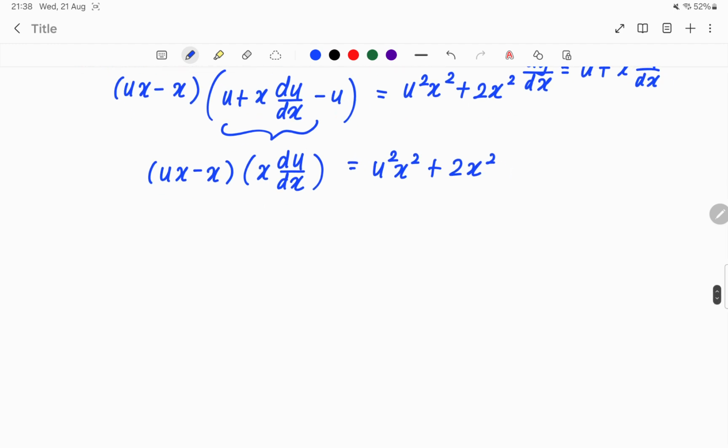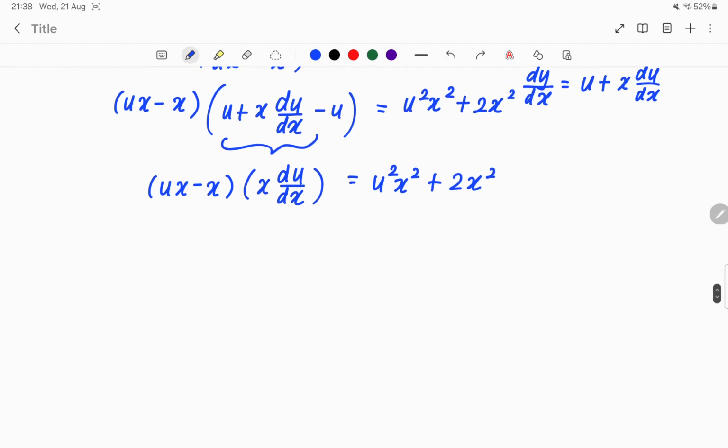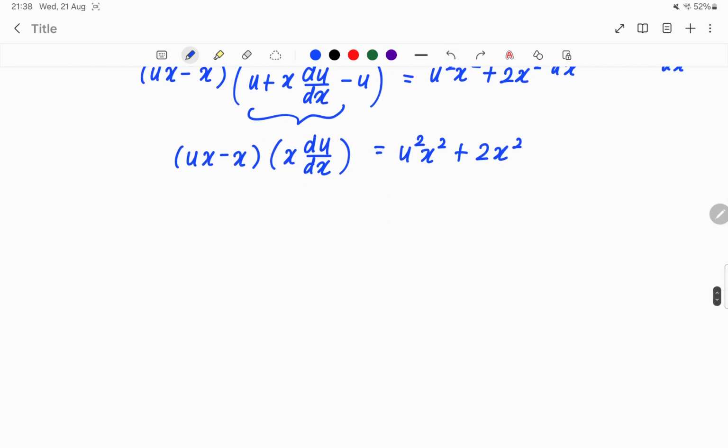So the goal here is that, you will realize that the final product here does not have x at all. So let's see how we can get rid of it. Maybe we'll do an expansion over here to get u x squared du dx minus x squared du dx. Then over here there's no change.